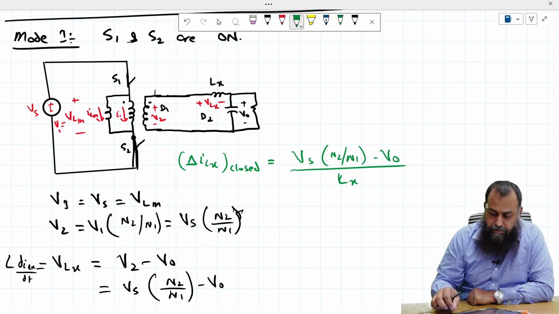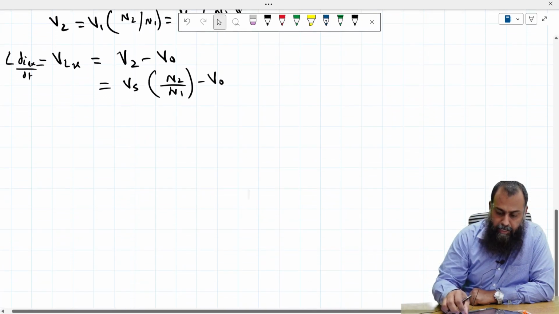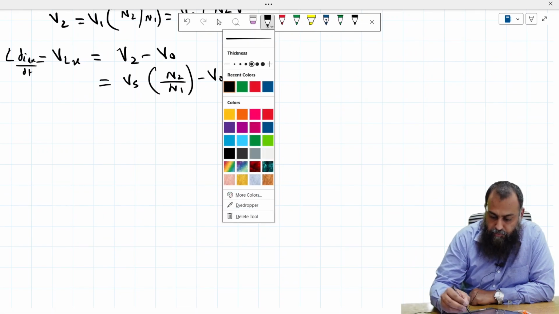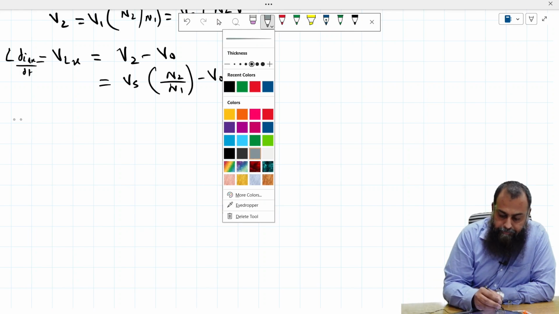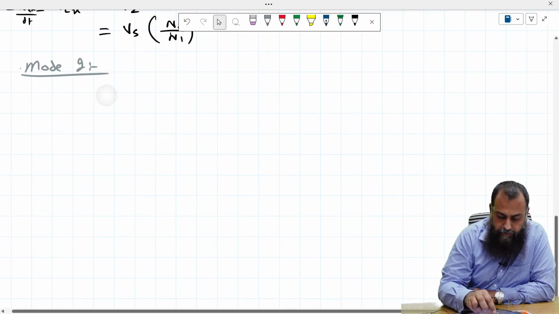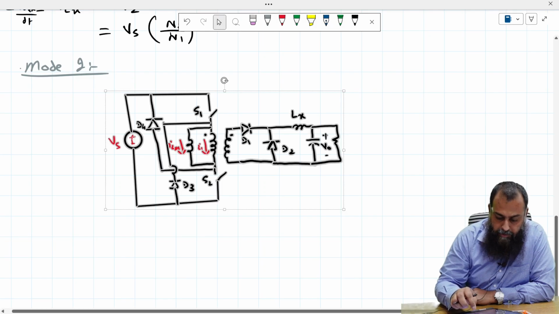Now on the same pattern, we can develop the equations for mode 2 as well. Let me use a different color for clarity. During mode 2, let me again paste the circuit here.